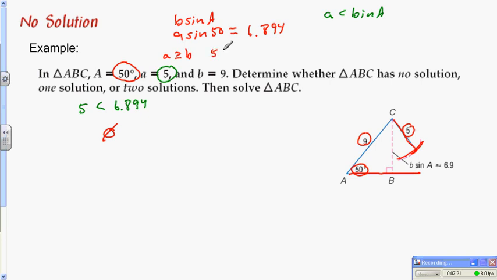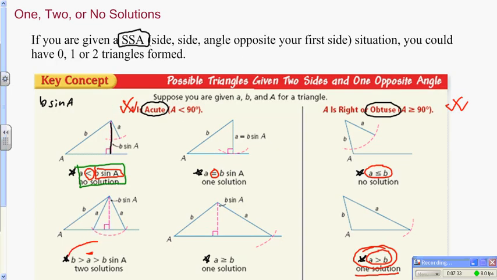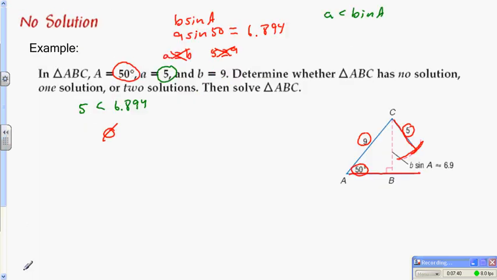We have 5 greater than or equal to 9. That doesn't work. So it looks like this one right here, which tells us that 14, I'm taking this from the notes, is greater than 10. In other words, B is greater than A, which was greater than 8.81.